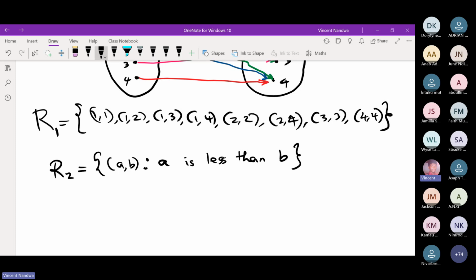Are you able to tell the elements of R2, how they look, with the instruction A is less than B?